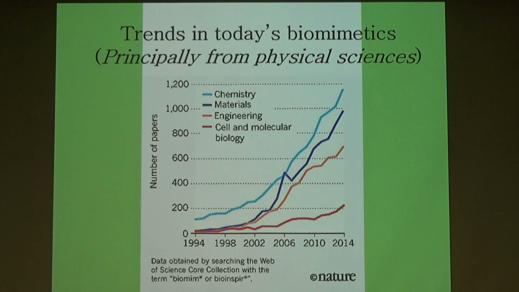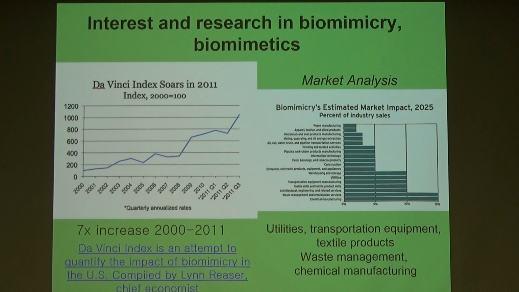The trend in the scientific field is more towards chemistry, materials and engineering, and less so in medicine. But that is gathering pace, and I do a lot of work in the medical field, and a lot of others in the biology field are using biomimetic approaches and techniques more and more in their work.